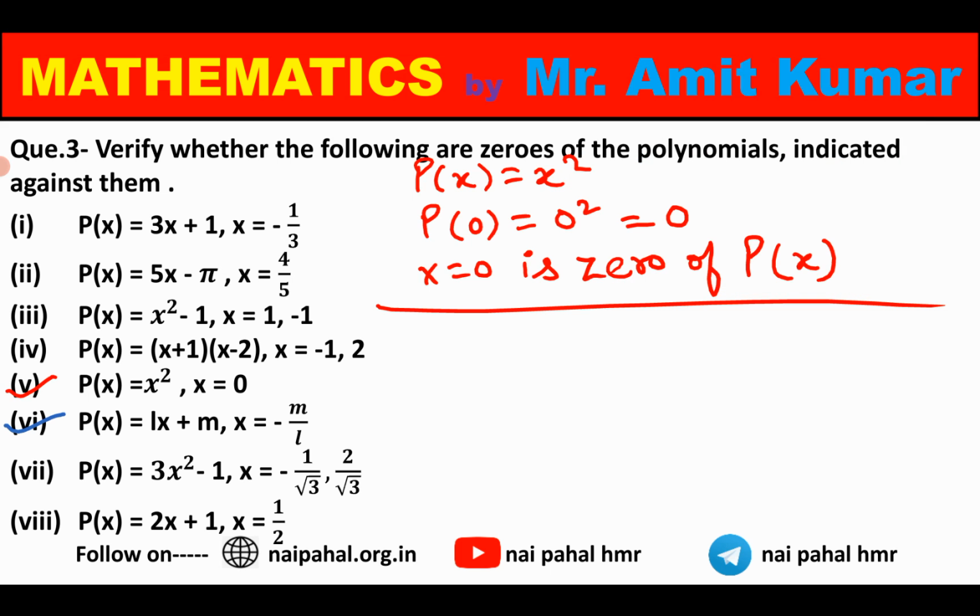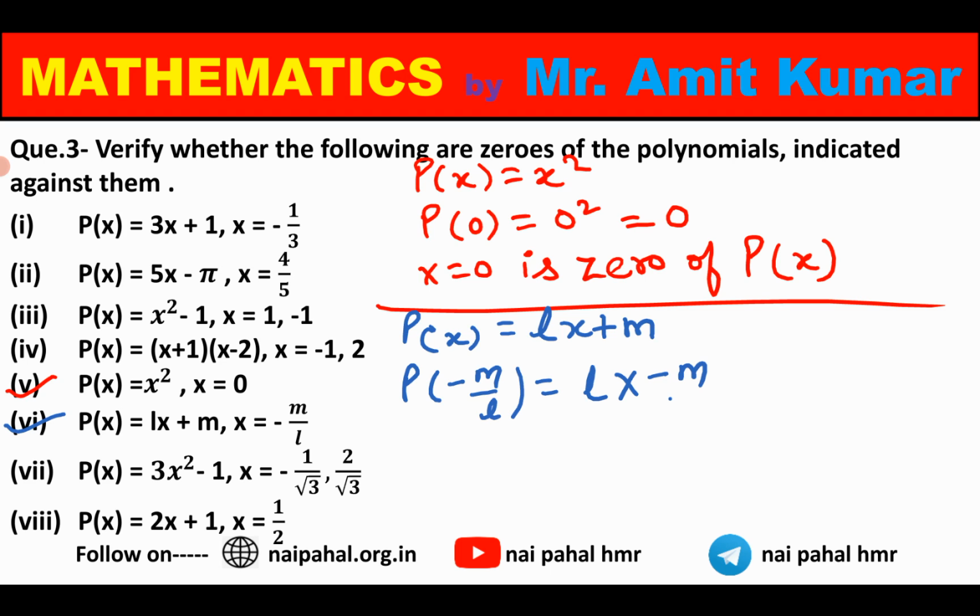Where we have Px is equal to Lx plus m, and x is given as minus m upon L. Just take minus m upon L. Then L multiplied by minus m upon L plus m. Then you can see L is cancelled. Whatever you get, minus m plus m, and on the next step you will get the answer as 0.